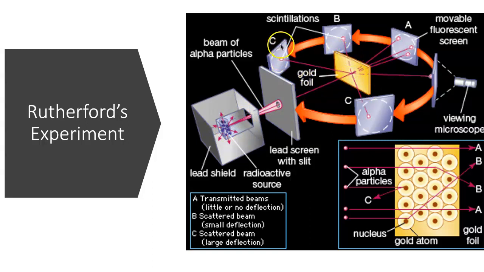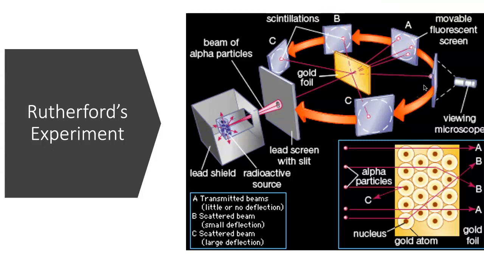And he had these screens that would allow him to see where the alpha particles ended up. And to his surprise, many would bounce off, coming forward. That probably didn't surprise him too much. He expected them to hit something. But lots of them were going straight through. And others were going in and bouncing off at angles.